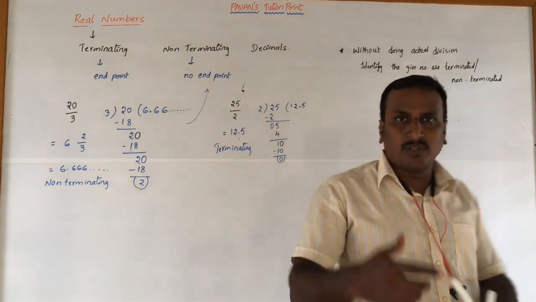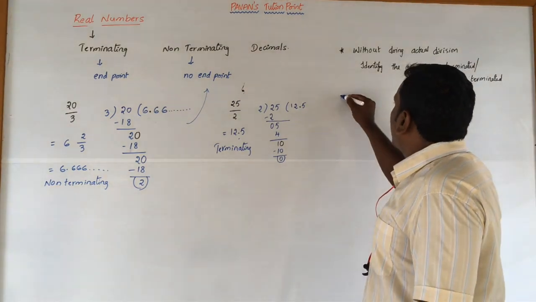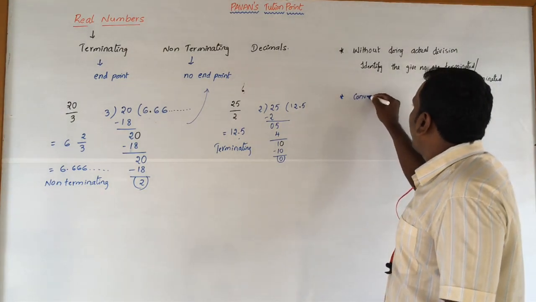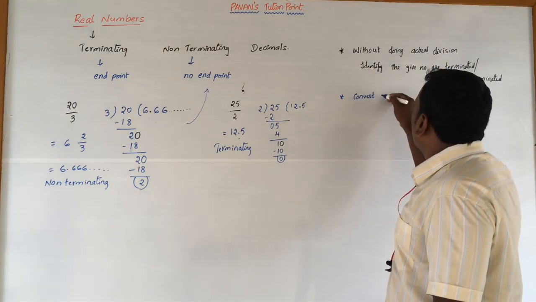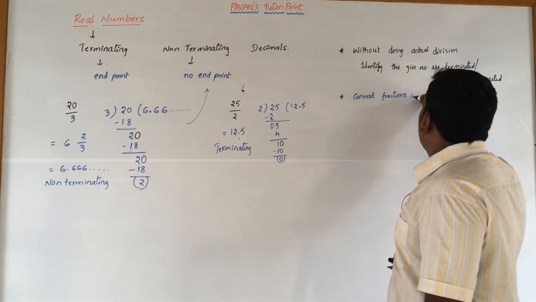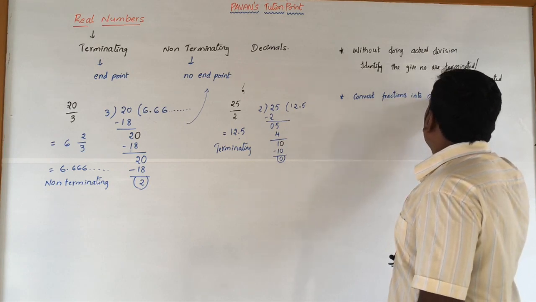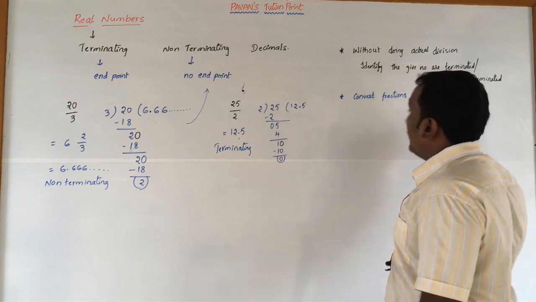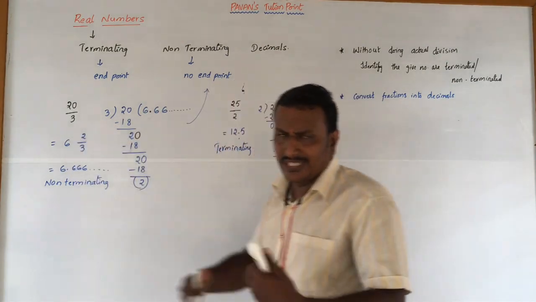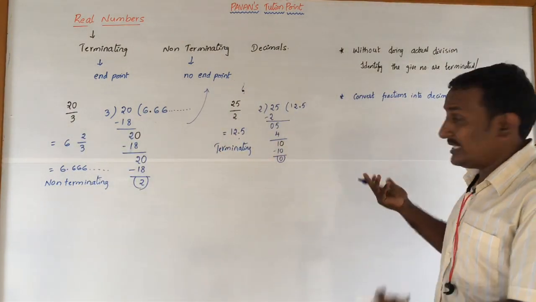Now the second type of problem: convert fractions into decimals. All these are fractions, or rational numbers, to be converted into decimal numbers.